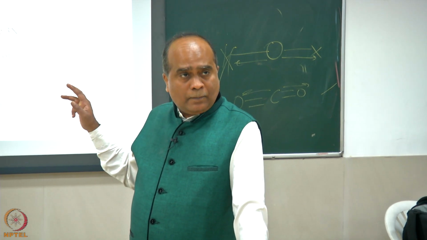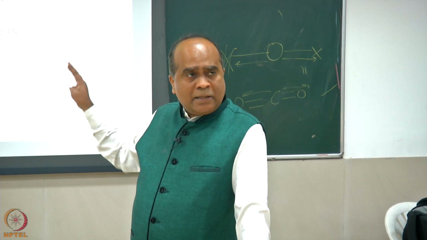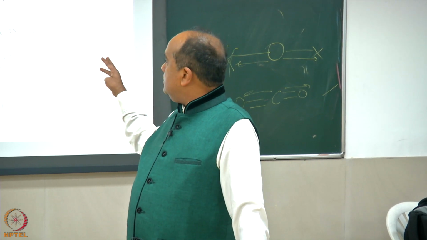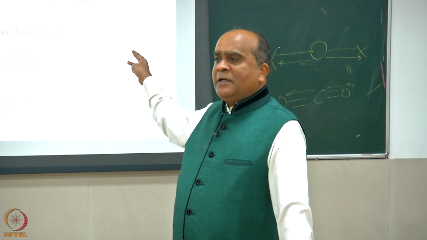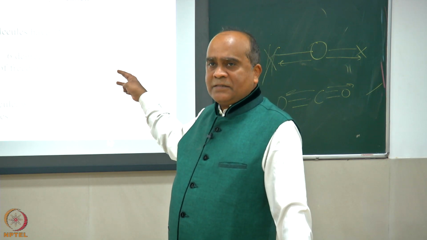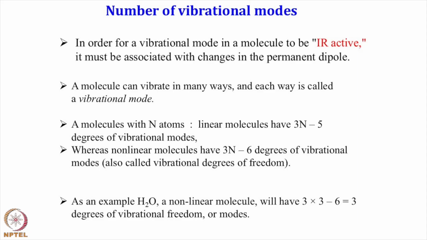For CO2 or H2O, how many atoms do we have? 3. 3 multiplied by 3 is 9; if it is linear, minus 5, if it is non-linear, minus 6. So H2O, 9 minus 6, has 3 vibrational modes. CO2 will have 4.